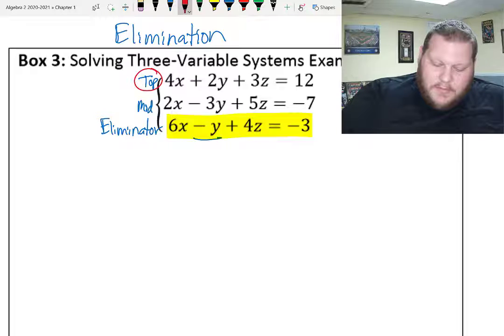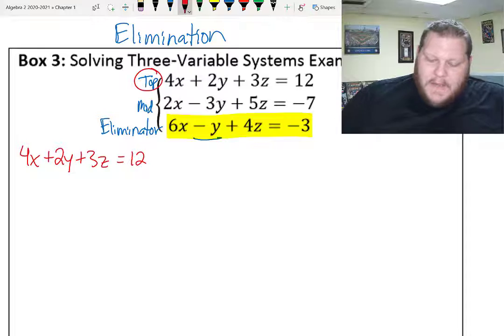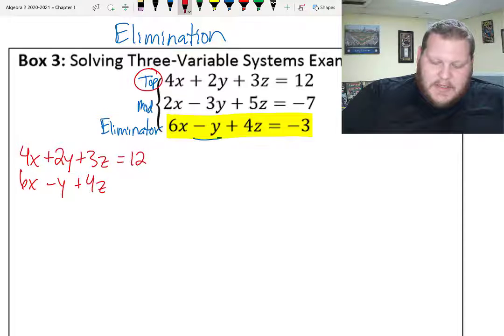So here, 4x plus 2y plus 3z equals 12. And that's paired up with my eliminator, which is 6x minus y plus 4z equals negative 3.